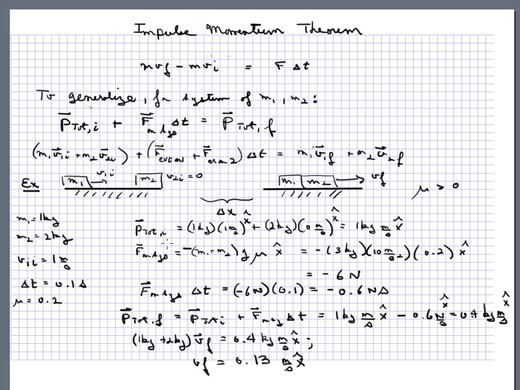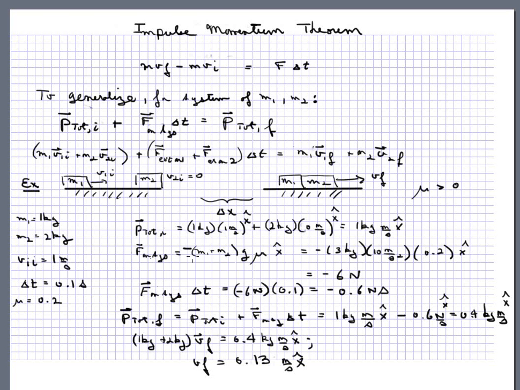So to use the generalized impulse momentum theorem, we first write down the initial momentum, which is 1 kilogram meter per second. And then we write down the impulse acting on the system. Well, this is going to be the frictional force, which is acting in the negative x direction.